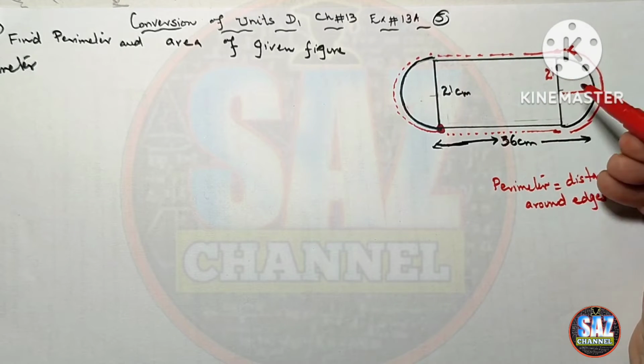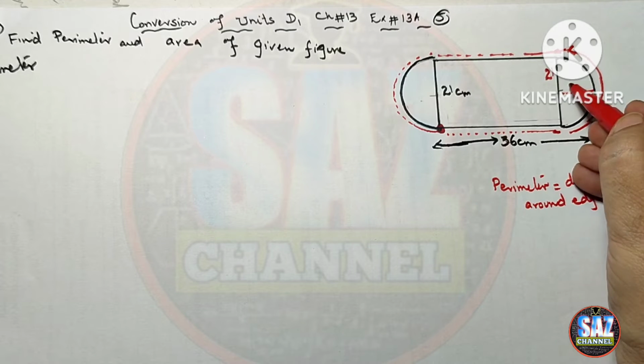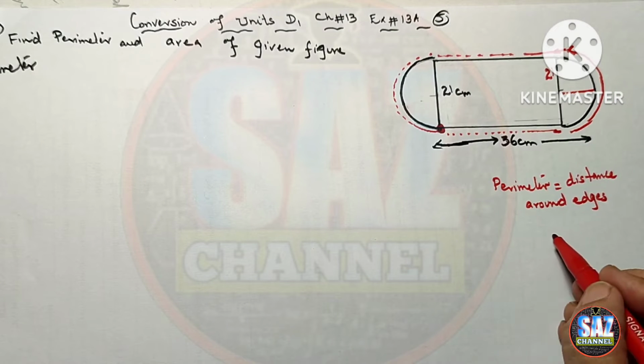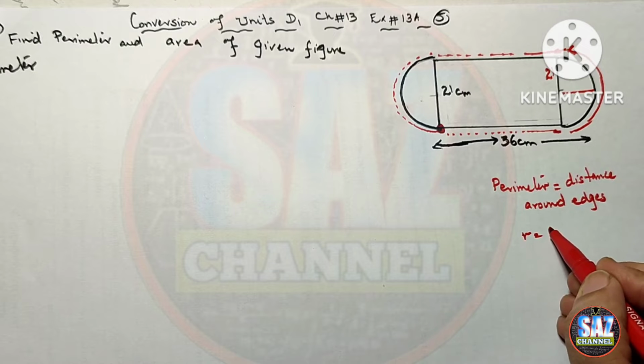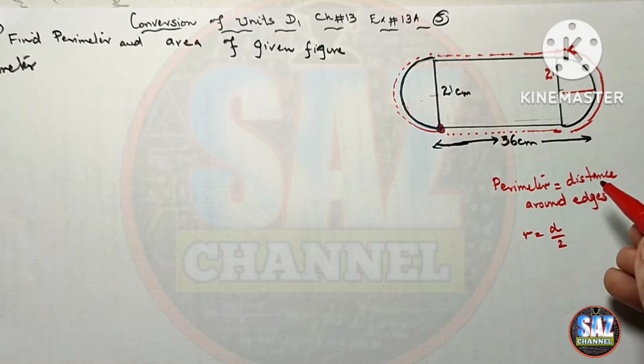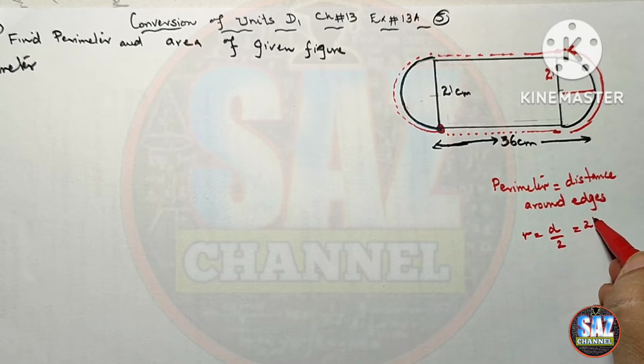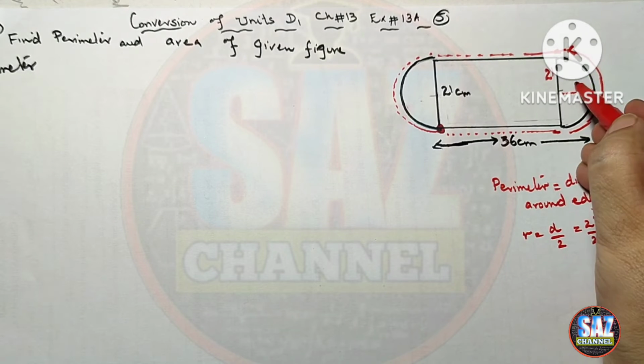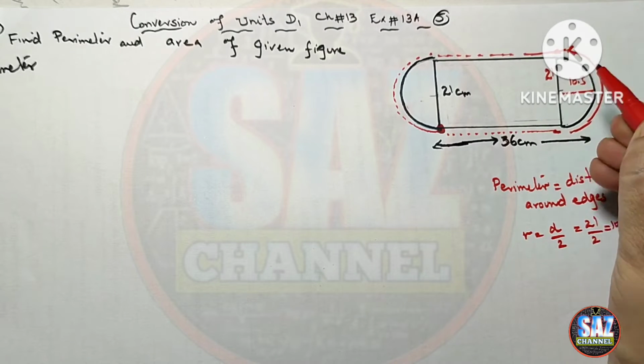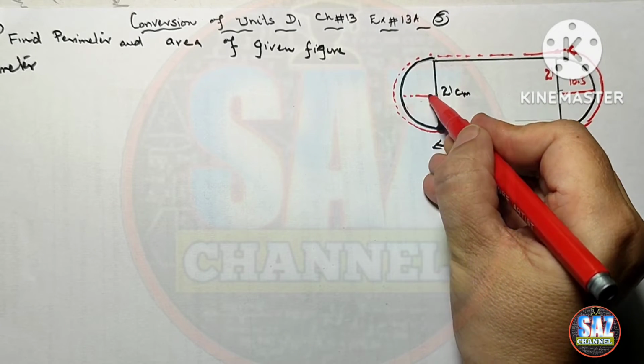So radius is diameter by 2, that is 21 by 2, which is equal to 10.5. So it means 10.5 on this side and 10.5 on this side.